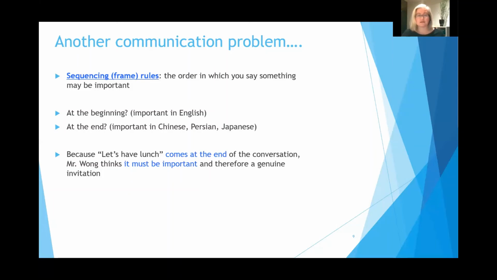In contrast, in Chinese, Persian, and Japanese, many times, the most important thing that someone wants to say is likely to come towards the end of that conversation. So because Mr. Wong heard, "let's have lunch," at the end of the conversation, there's a possibility that Mr. Wong thought that that must be important and therefore a genuine invitation.